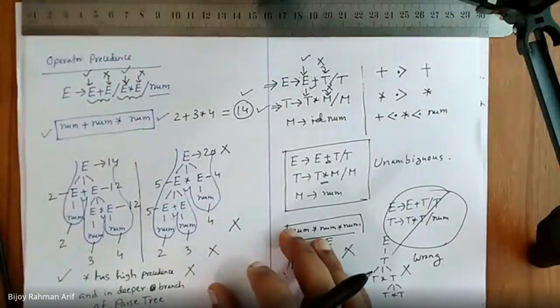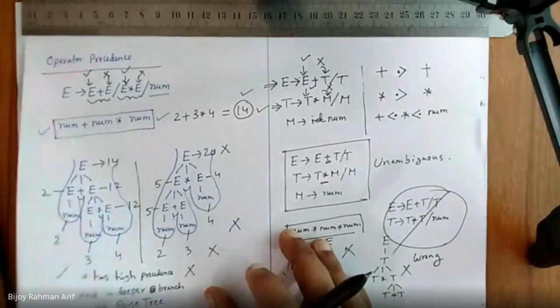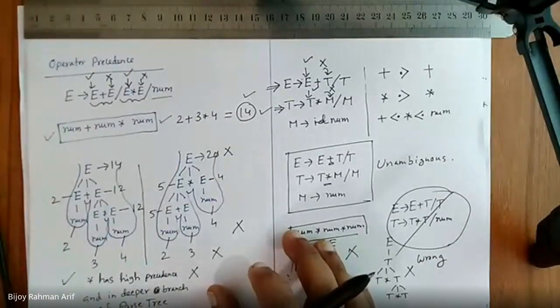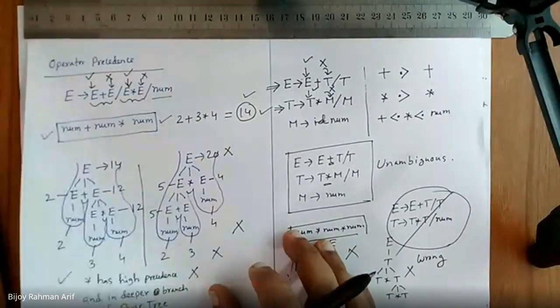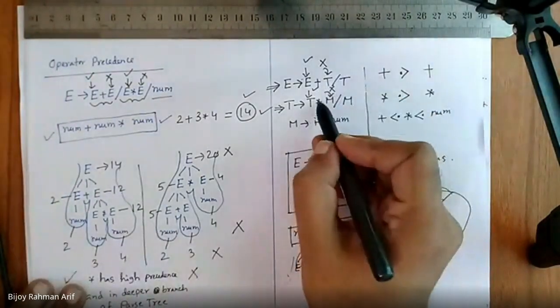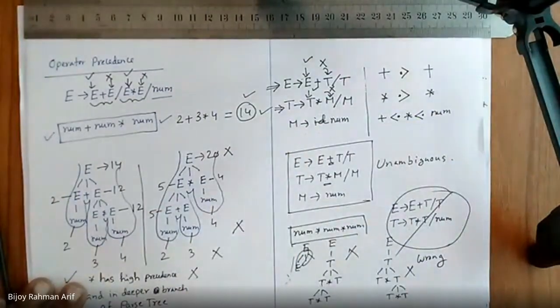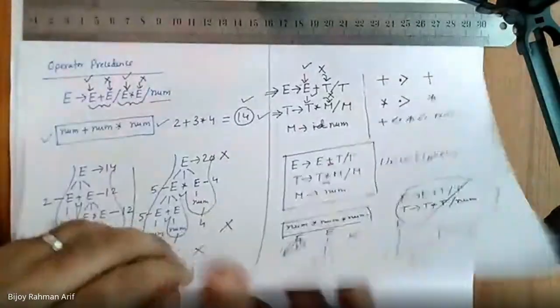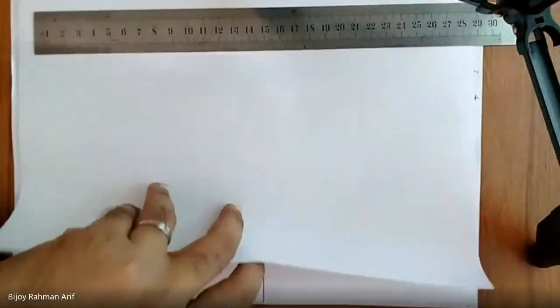If the operator is right associative, keep the right recursion and stop the left recursion. And if there is operator precedence, the higher precedence operator should be at the lower level of the grammar. In this case, star has higher precedence, that's why it is at the bottom. Okay? So let's do an example and see if people understand it better.